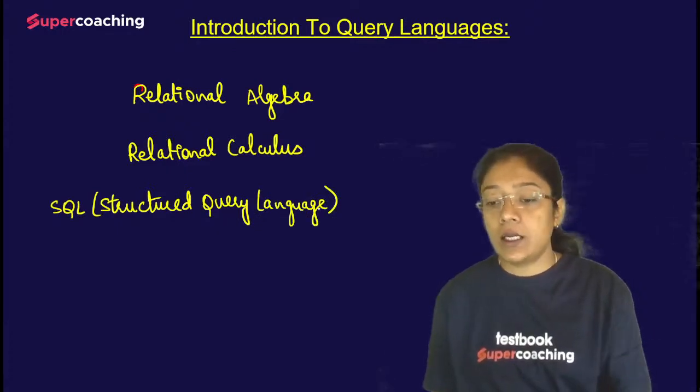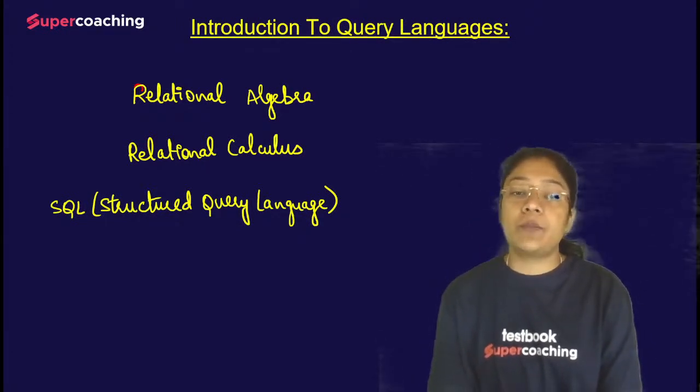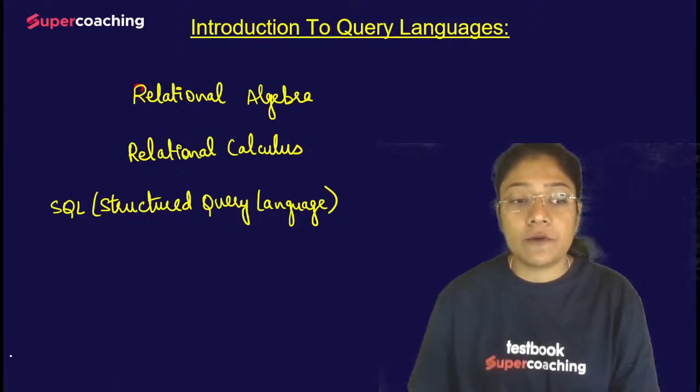First of all, anyone having any idea what is the difference between relational algebra and SQL? अगर हम operators की बात करते हैं, the way of writing the query is different.